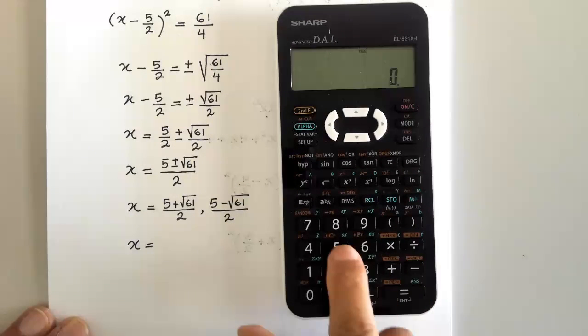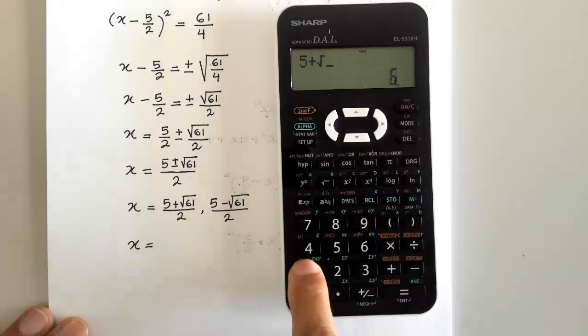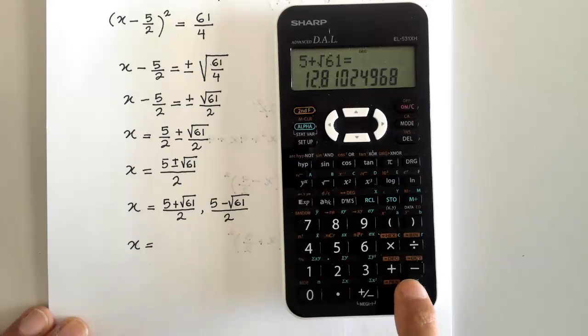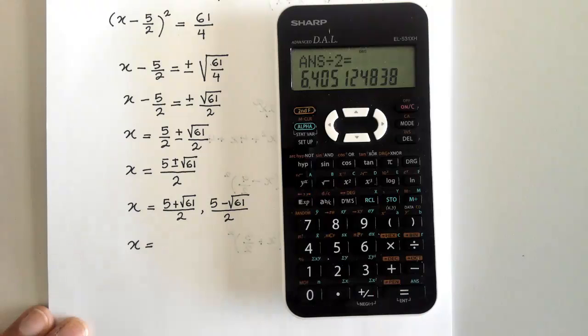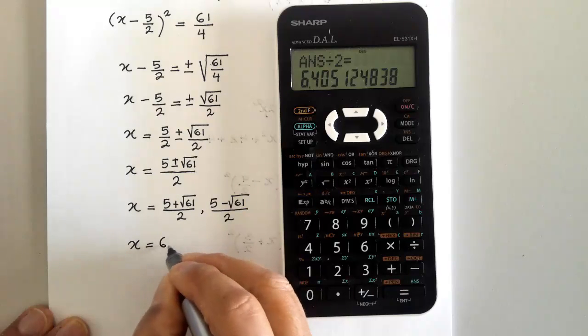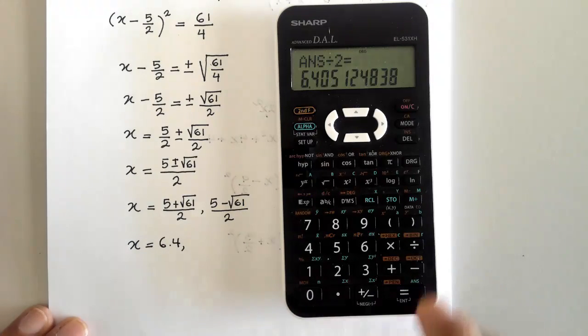So we're gonna do 5 plus square root of 61, equals, don't forget to press equals before you divide by 2. So one answer is 6.4 correct to 1 decimal place. And now we're going to do the other one.